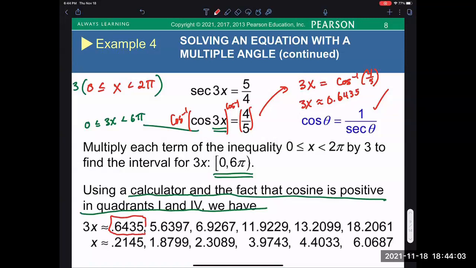All right, if I have that, how do I get those other answers? How do I get more answers between 0 and 6 pi? Well, this was our first root solution, 0.6435.